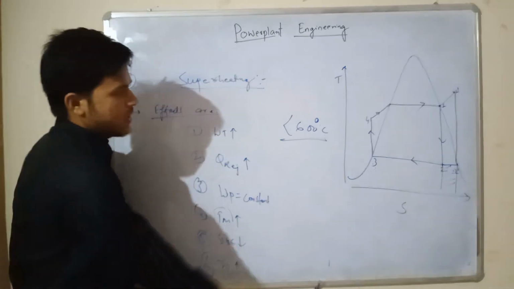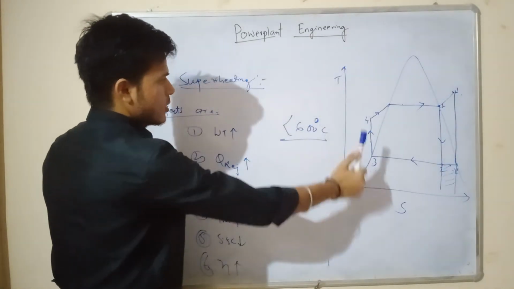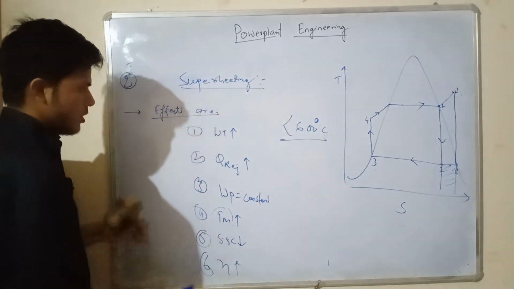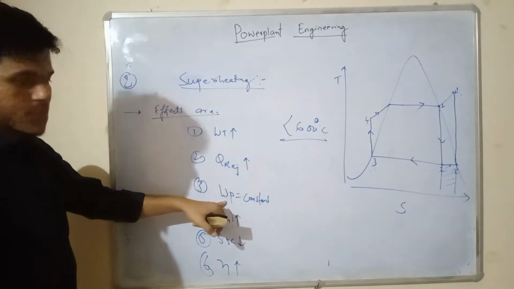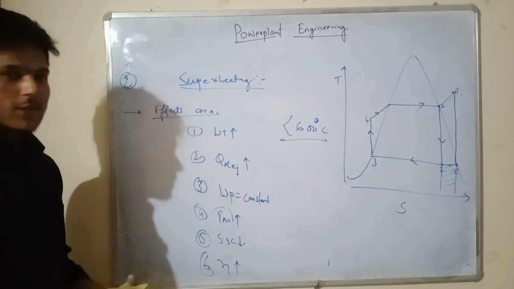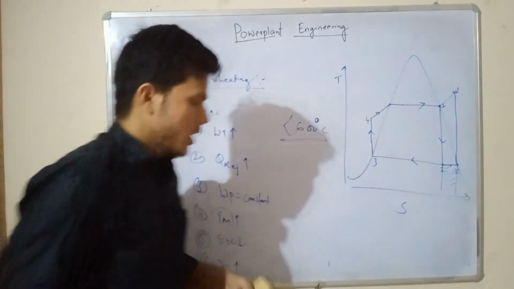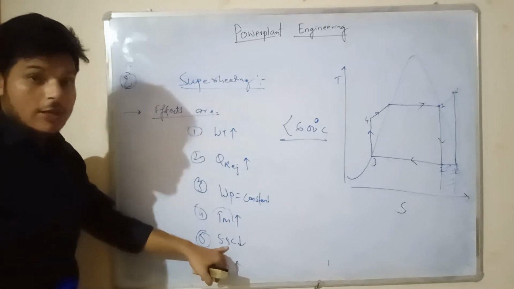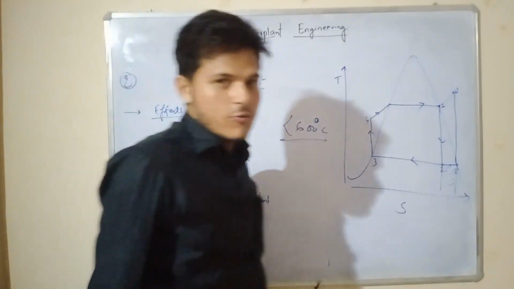We are considering this part as the pump work done, and here the pump work done is constant, right? As you know, WNet means WT minus WP. WP is constant, so WNet increases. As you know, specific steam consumption means 3600 by WNet. If WNet increases, specific steam consumption becomes small. As SSC becomes small, the size of the power plant is very small.